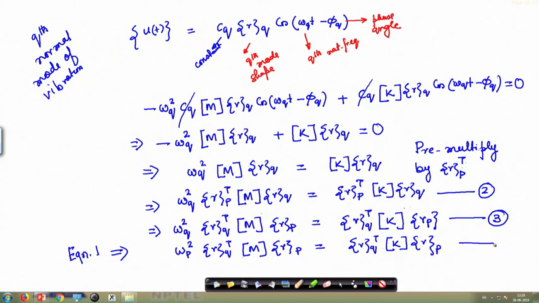This was my equation 1. Now, we see that equation 1 and 3 are almost similar, except that one is multiplied by omega q square and one is multiplied by omega p square. Now, this is interesting. So, let us see what we can do with this.